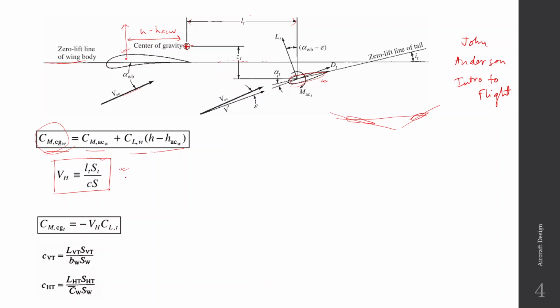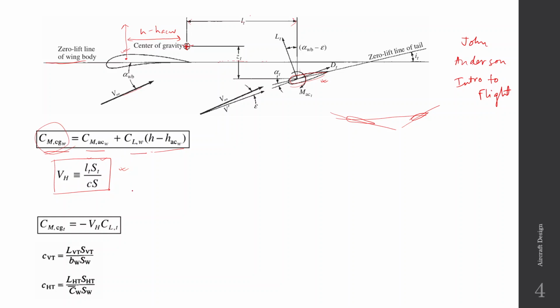There could be many aircraft of a different class, and there may be some variability between the wing size, tail size, fuselage length, but this volume ratio tends to be a normalized quantity, so it tends to be of the same order.